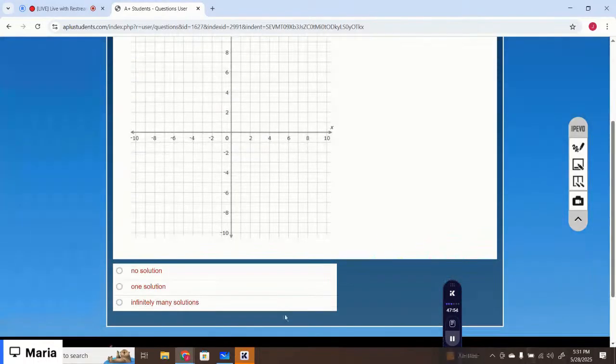So the correct option is no solution because they have the same slope and different y-intercept.